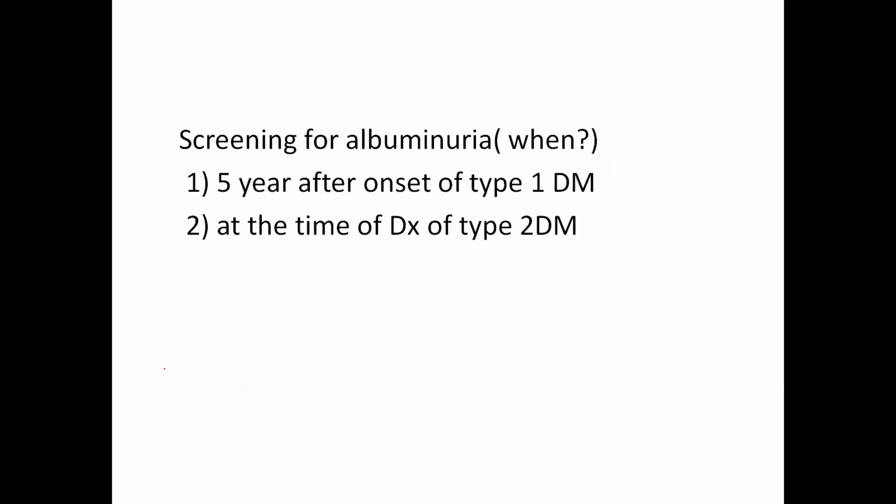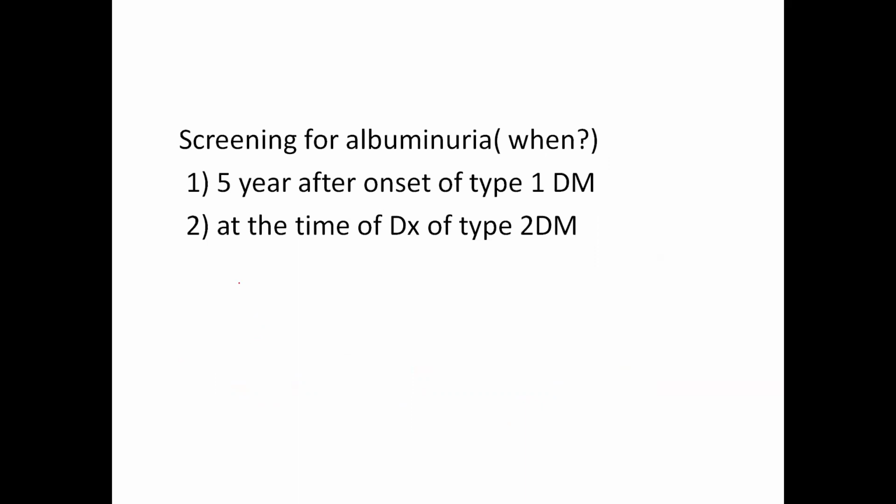So when do we screen for albuminuria? One is 5 years after onset of type 1 DM, and the second is at the time of diagnosis of type 2 DM.